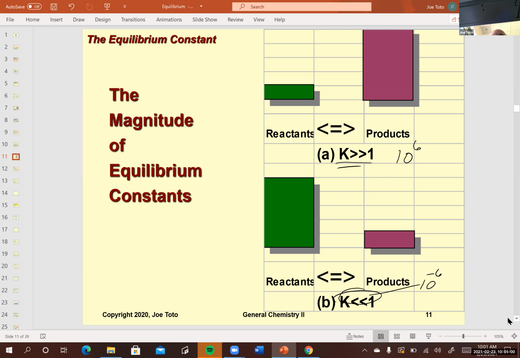Notice neither one is negative. This value, 10 to the -6, equals 0.000001, or one millionth. It's not negative, it's just less than 1. When you have a very small equilibrium constant, expect mostly reactants.